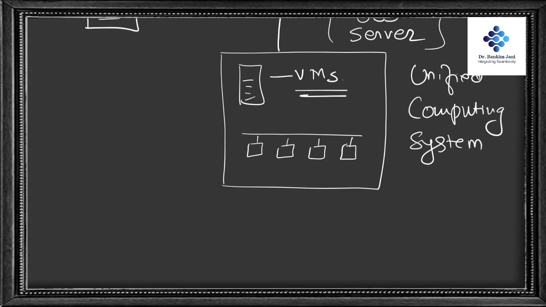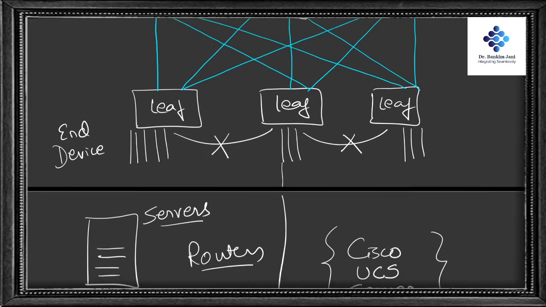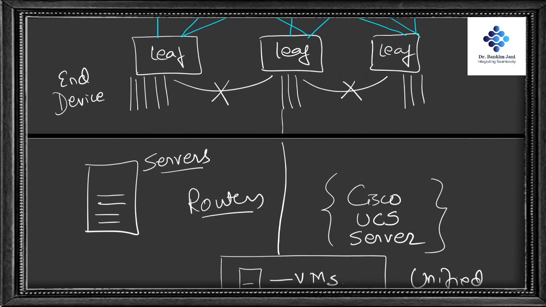Now things are not ending at this point. Cisco came up with one more idea. It said that with these leaf machines, if we can really control them, if the end devices are to be connected, give me one more line, and then let's change the color.